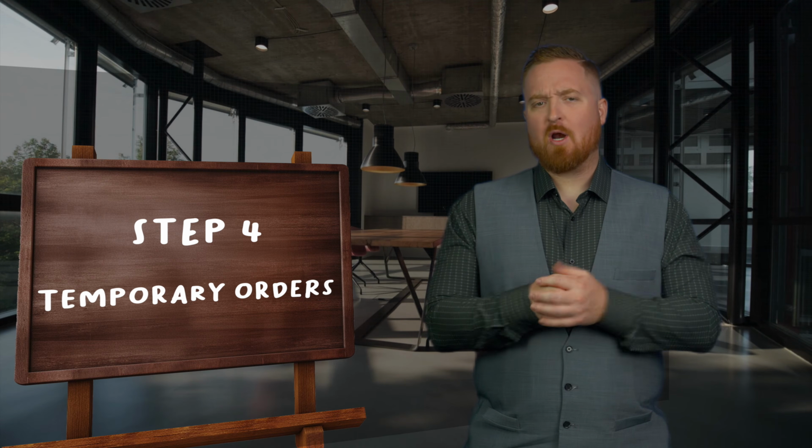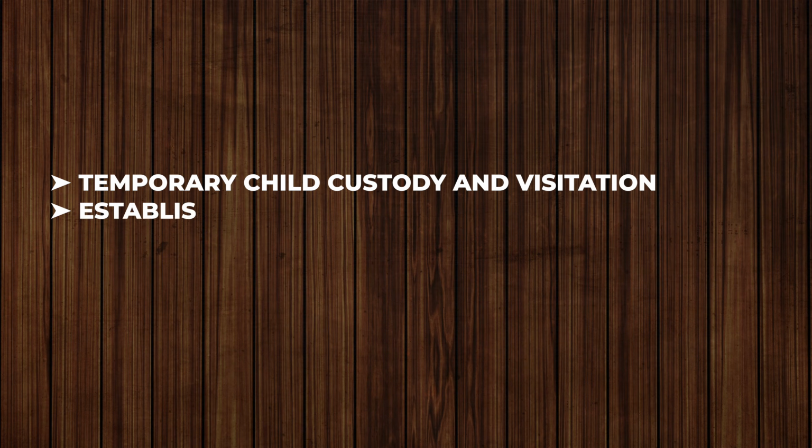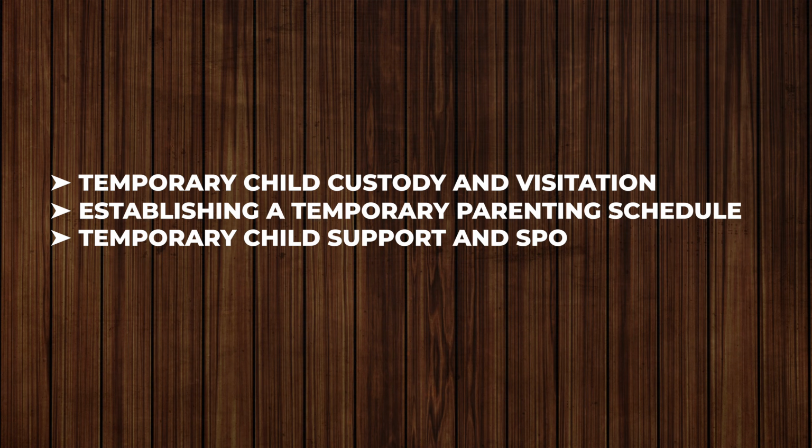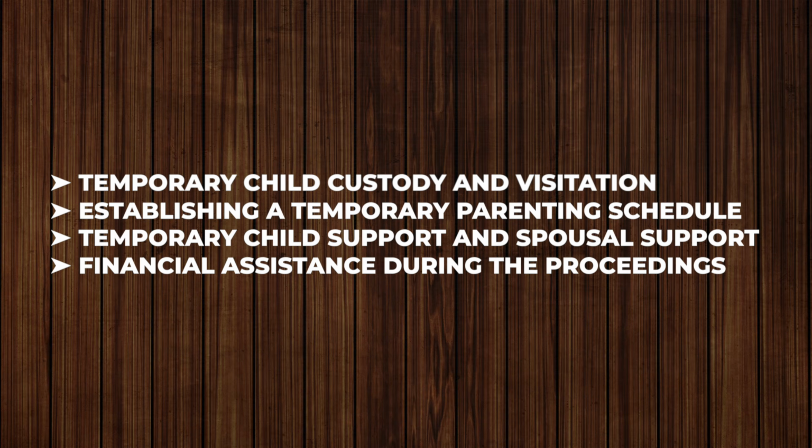Step 4. Temporary orders. This is an if-needed step. During the divorce process, which can take from several months to several years, temporary orders can be put in place to address urgent issues. Either spouse can request temporary orders regarding things like temporary child custody and visitation, establishing a temporary parenting schedule, temporary child support and spousal support, providing financial assistance during the proceedings, or restraining orders preventing certain actions by either spouse.